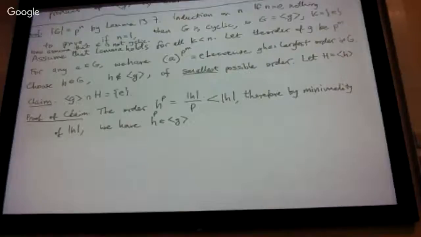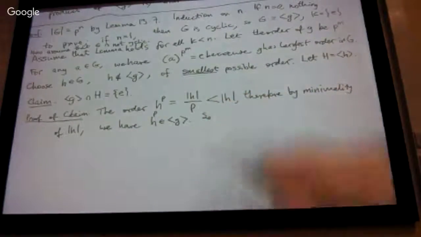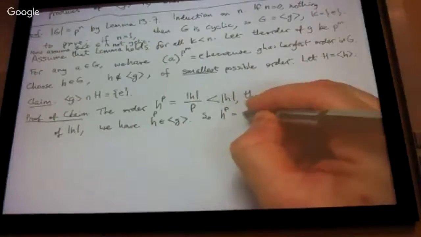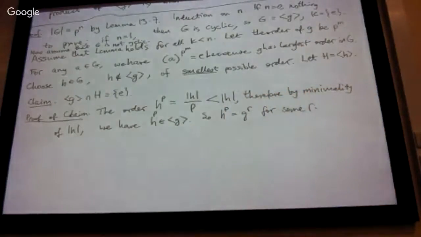Yes, is that a question? Well, if it's in the subgroup generated by g, then it must be some power of g.